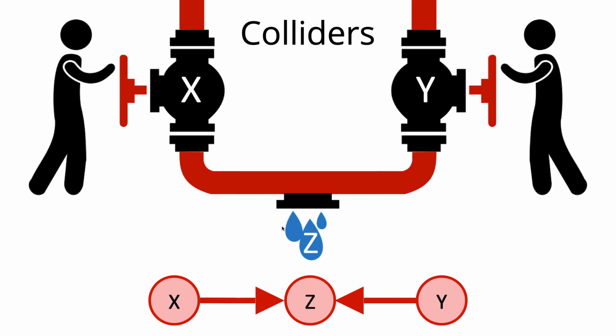But now let's say that we control for Z. Our boss comes along and says, okay, we need a constant rate of water, 500 gallons an hour or something. In this case, if we want to keep Z constant, if I increase the amount of water that's coming out of my side, you have to decrease the amount of water that's coming out of your side.